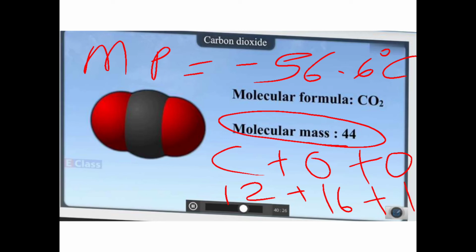Carbon dioxide has a melting point of minus 56.6, that means below that it must be in a solid state. That means if you go to minus 60 degrees, all that carbon dioxide will be in the solid state. Children, this solid carbon dioxide is also called dry ice.